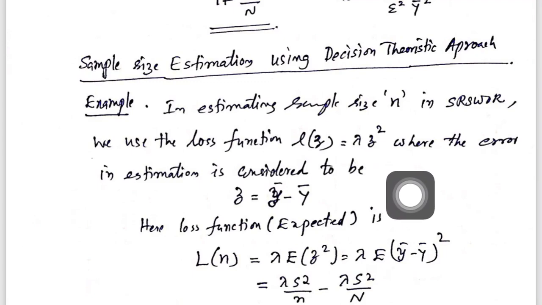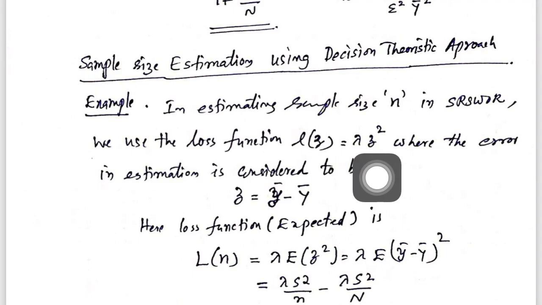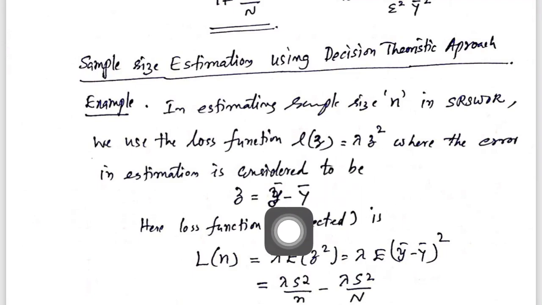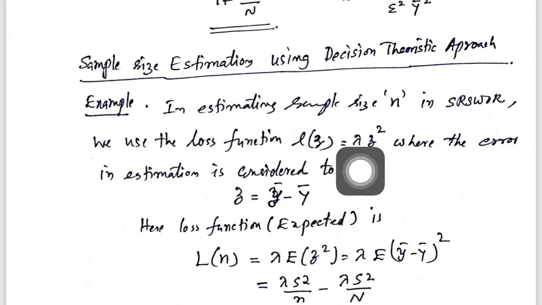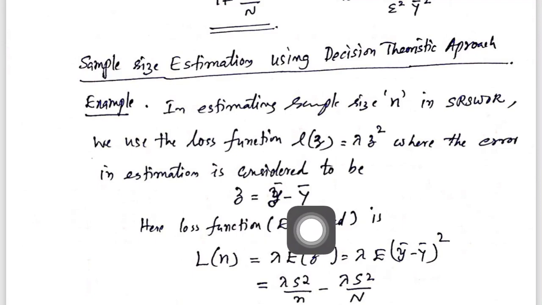You can have many loss functions, but for example we take L of z is equal to a constant times the square of the difference between y bar and capital Y bar. That is L of z is equal to lambda into z square, where z is equal to y bar minus capital Y bar.